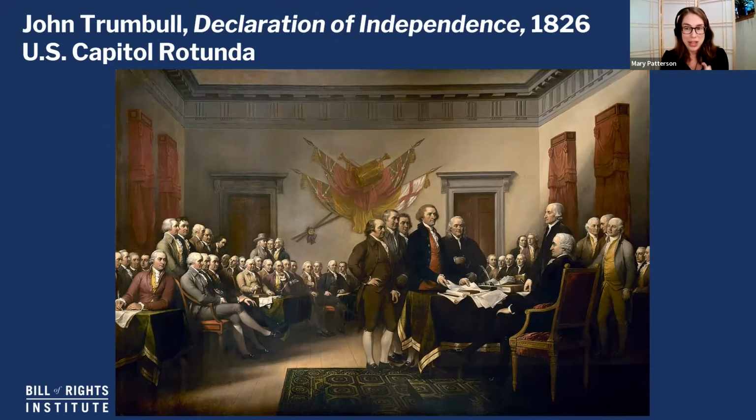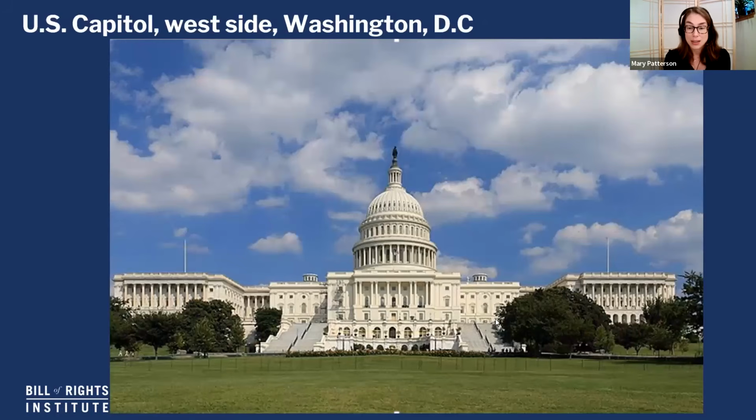I want to go back to location for just a second. So once again, we are in the rotunda of the Capitol. So we're right smack in the middle of the Capitol building where our laws are made. And this moment of presenting the Declaration of Independence to the Continental Congress is on display. So I think the location of this painting, the size of this painting, I haven't mentioned it yet, but it's 12 by 18 feet.